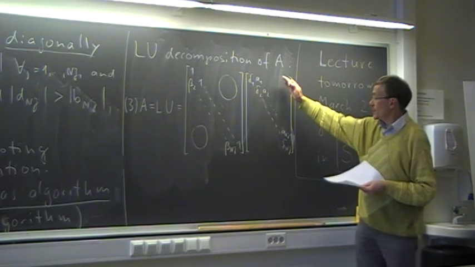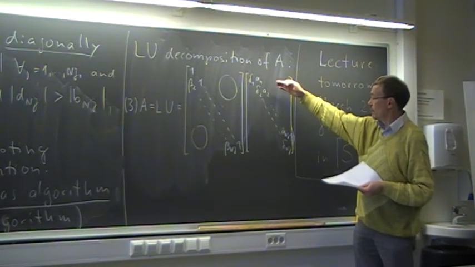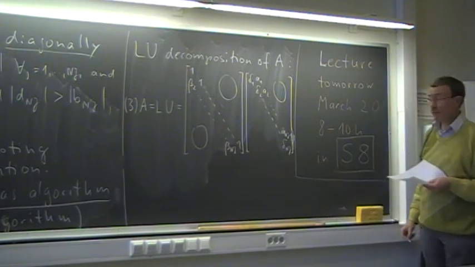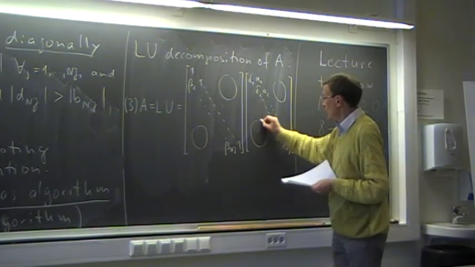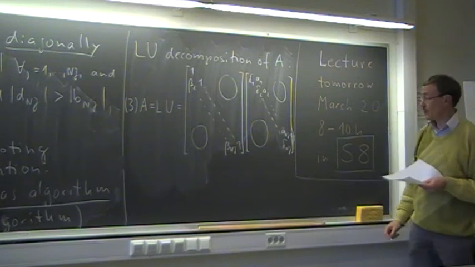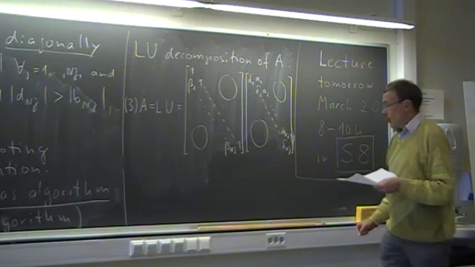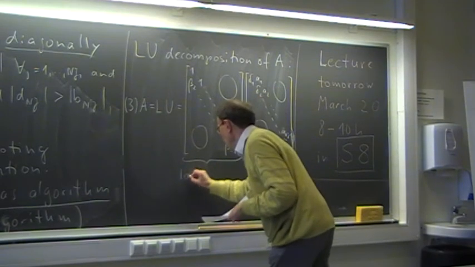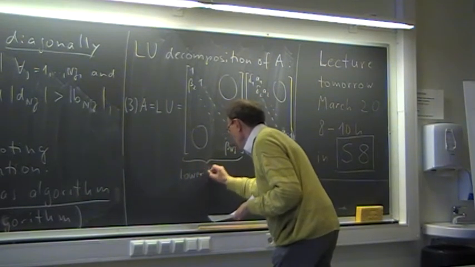Above that, and below the main diagonal, we have just zeros.